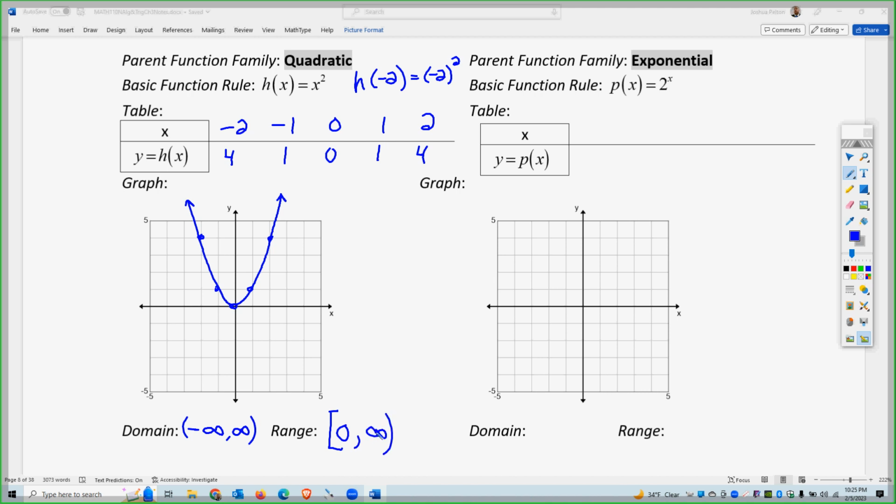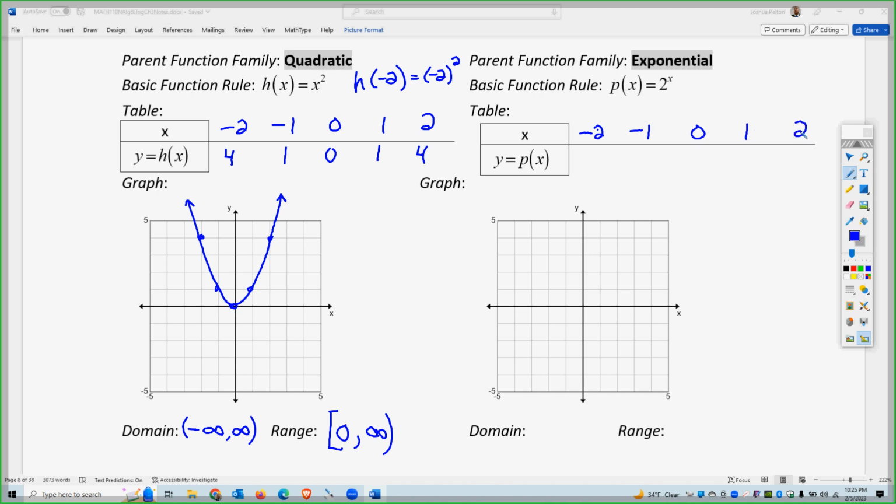Then we have the exponential function. So 1 to the x is not the basic one because 1 to the x is just always 1, obviously. So 2 to the x would be the next most basic one. I can plug in any values that I want: -2, -1, 0, 1, 2.